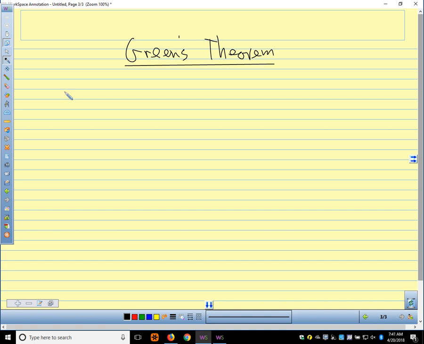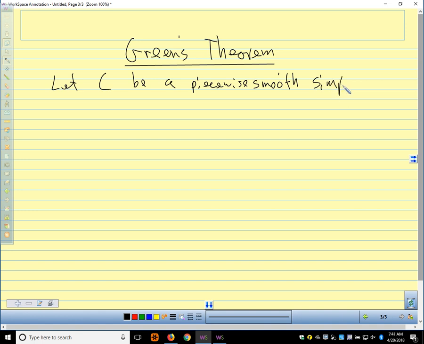We're going to let C be a piecewise smooth, simple closed curve that bounds a region R in the plane.